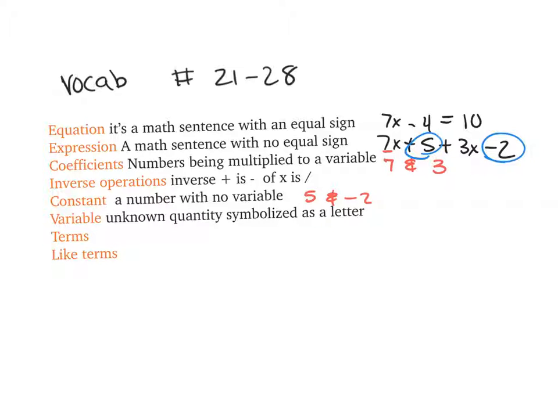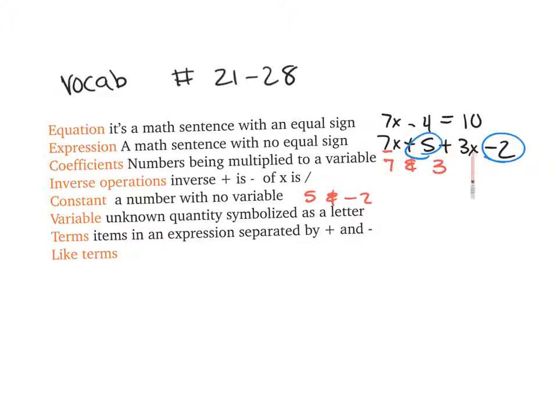Terms are the total items in an expression separated by addition and subtraction. So if I look at the expression up here, how many terms are there before I simplify?